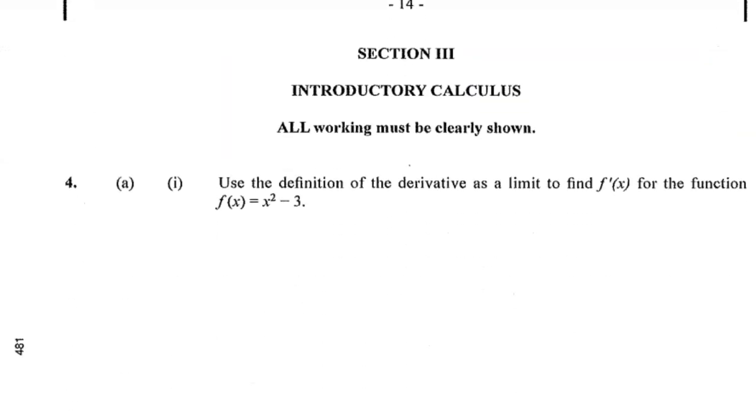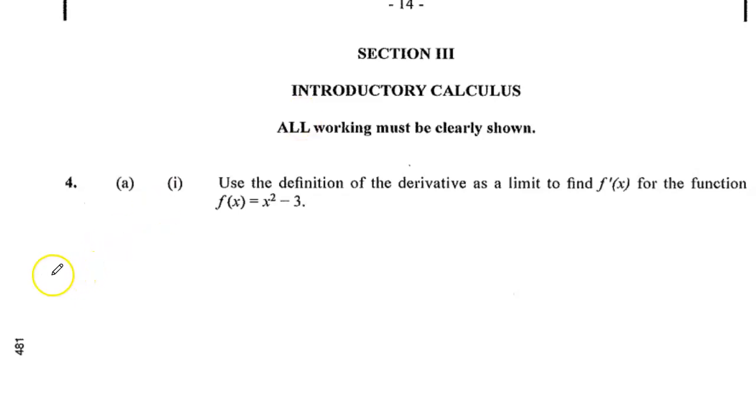Let's move on to question 4. Use the definition of the derivative as a limit to find f prime x, same as dy by dx, for the function f of x equal x squared minus 3.